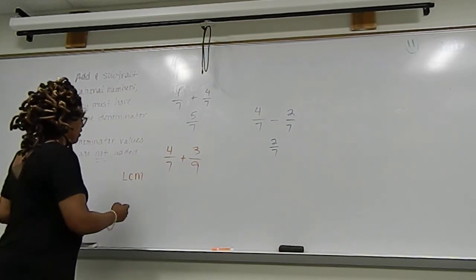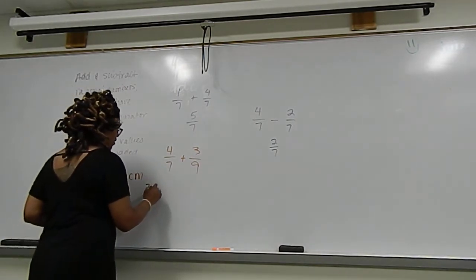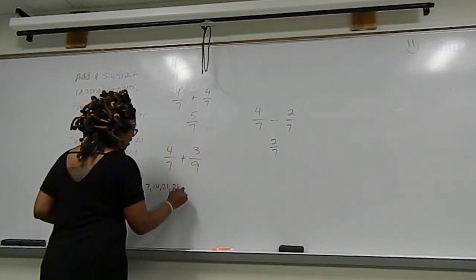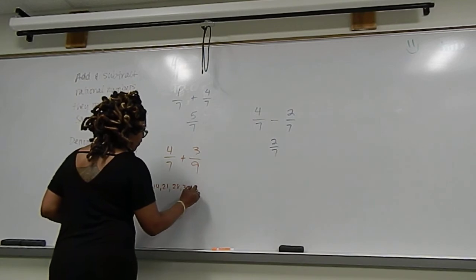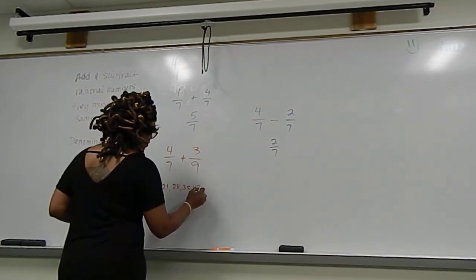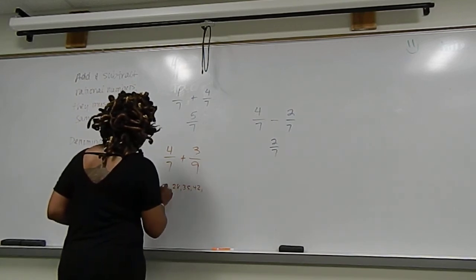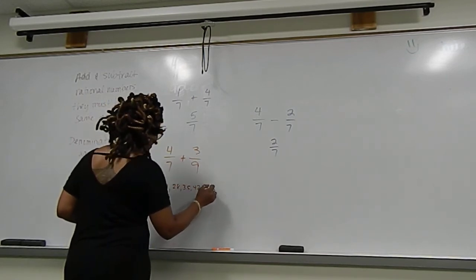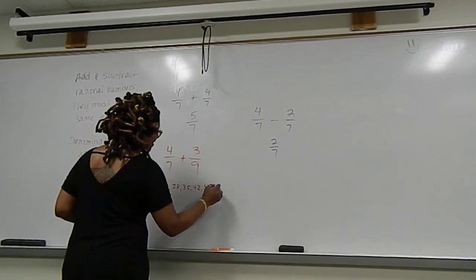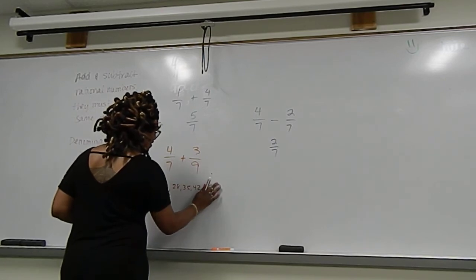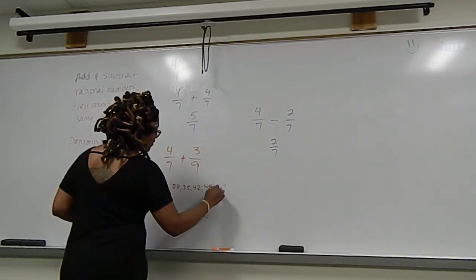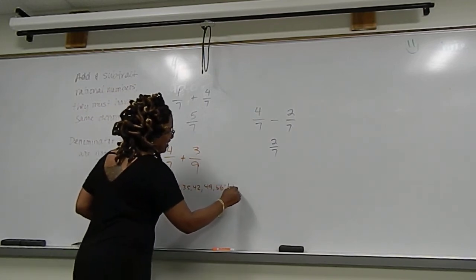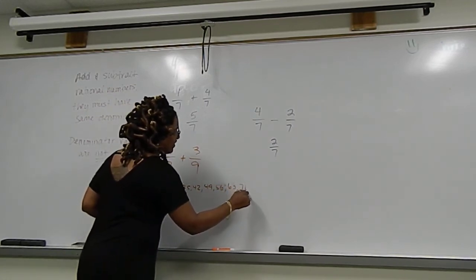So usually I'll say list your multiples: 7, 14, 21, 28, 35, 42. Wait, is that right? 1, 2, 3, 4, 5, 6. Yep. 49. And then 8 times 7 is 56, there it is. 9 times 7 is 63, and then 70.